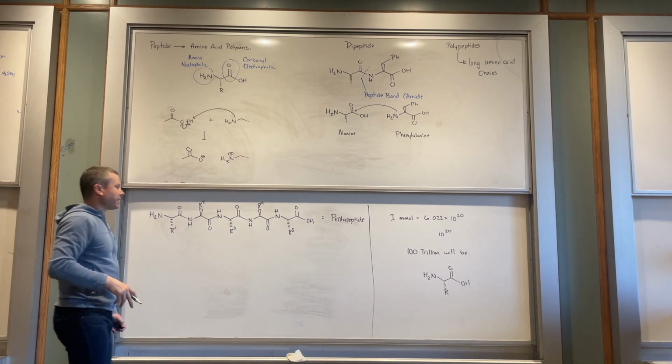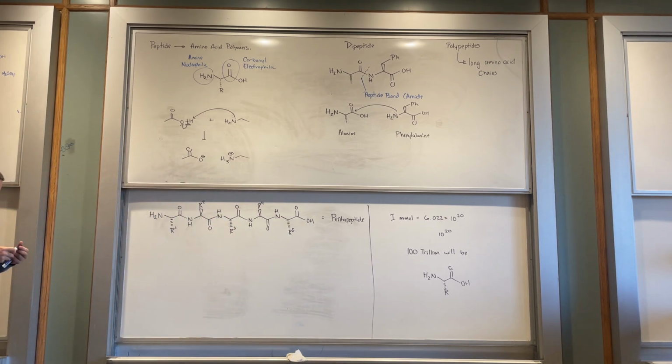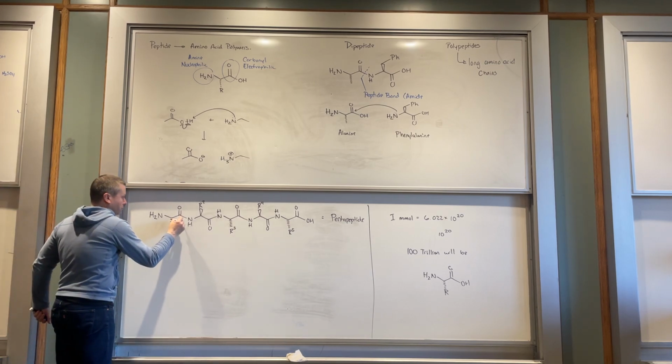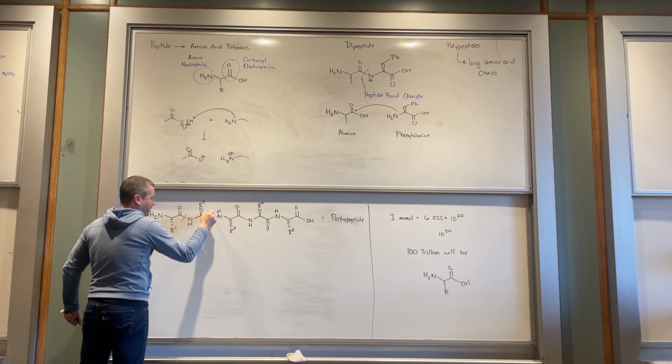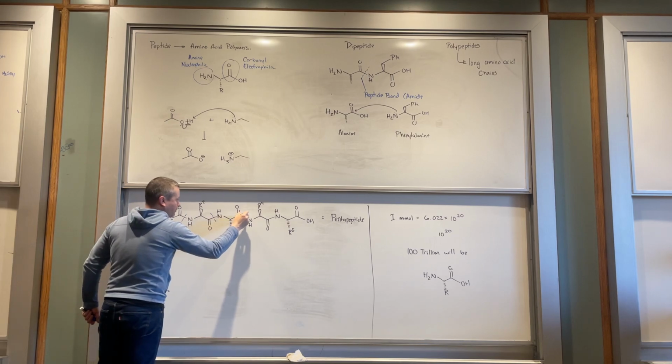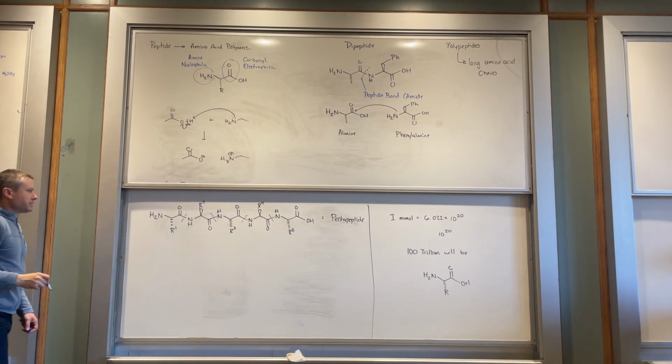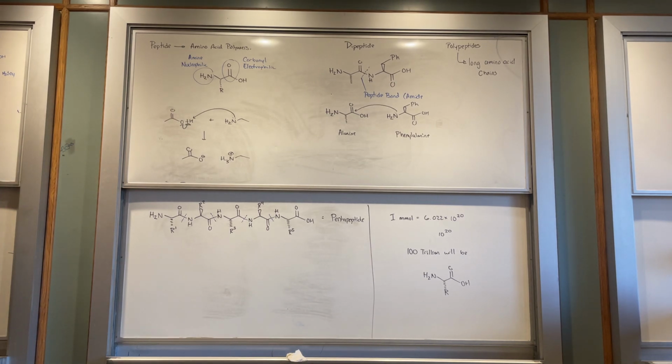So here's a polypeptide. We have 5 amino acid residues. All right, and I'll identify all of the amide bonds we have in this polypeptide chain. So you can see that we have 4 different amide bonds that formed among the 5 amino acid residues.